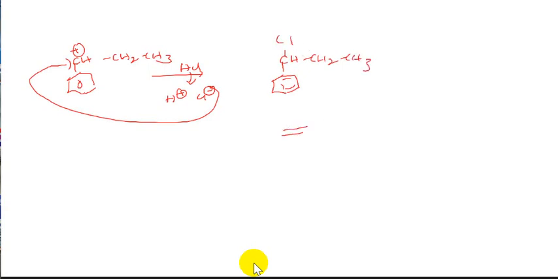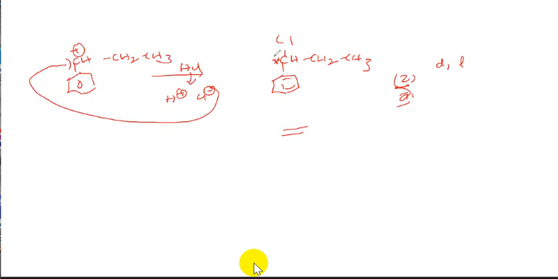Sometimes they ask the question, how many isomers are possible? Here, 2 isomers are possible. What are the isomers? One is D and one is L, because this is a chiral carbon.